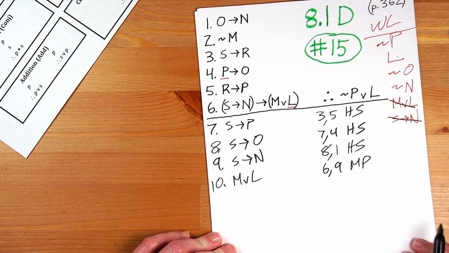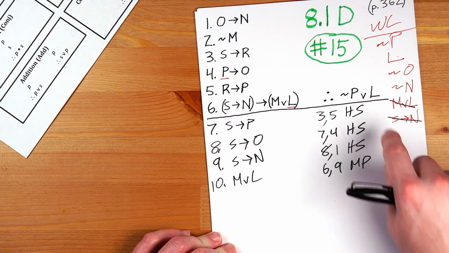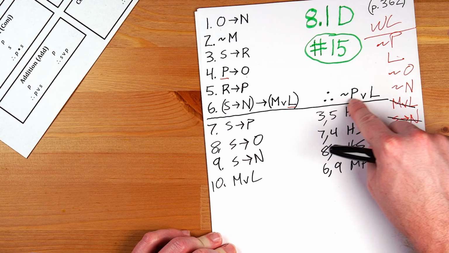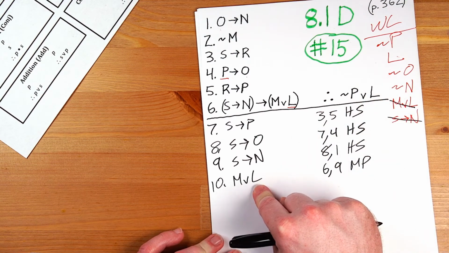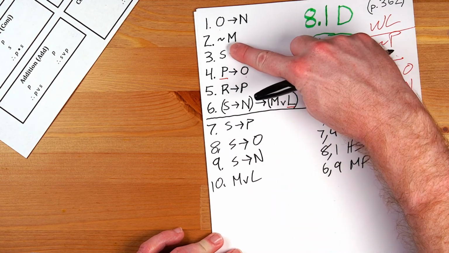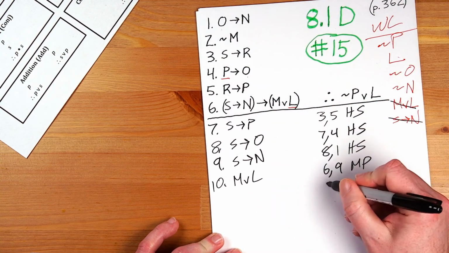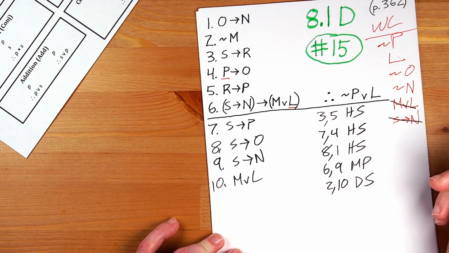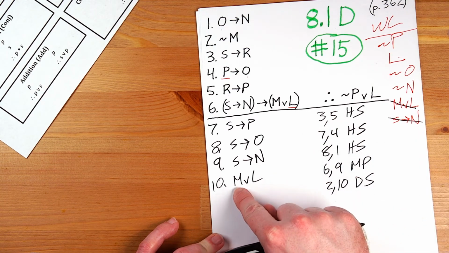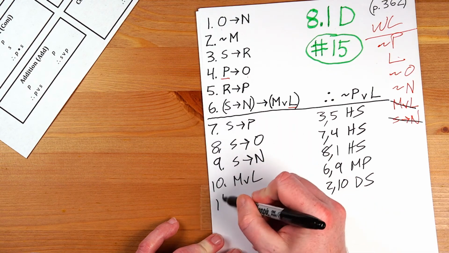And what were we going to do with that? Remember, we're trying to get one of the sides of our disjunction. So we could get L if we just combine 10 with 2. So 2 and 10, and that's disjunctive syllogism. So we deny the left side, and that'll give us the right side.